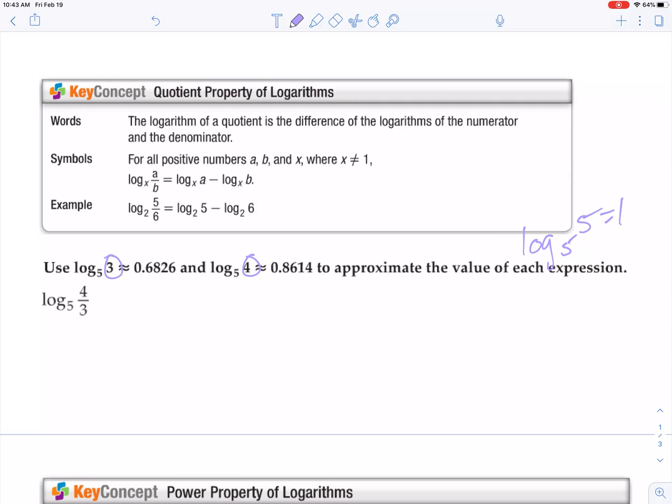And so what I see this time is that we've got this fraction. If I rewrite that as log base 5 of 4, I can turn that into subtraction of log base 5 of 3.